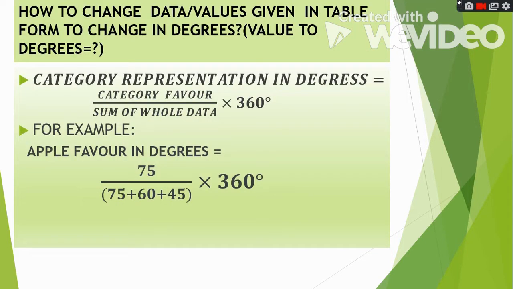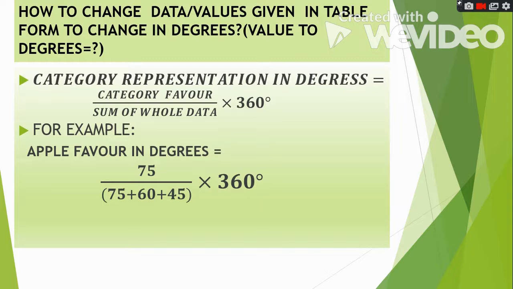Next thing is how to change data or values given in table form into degrees. So the first formula is: category representation in degrees is equal to favor of the category divided by sum of whole data, multiplied by 360 degrees.